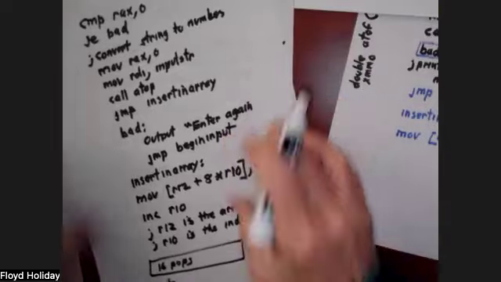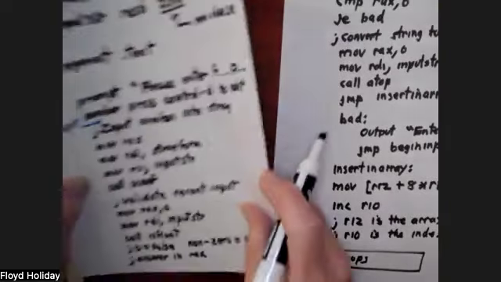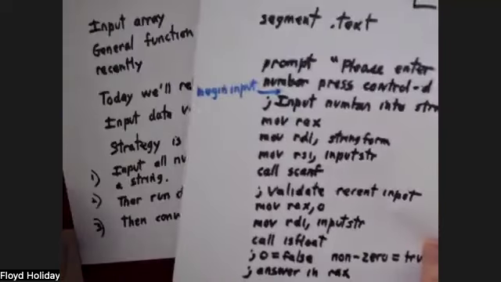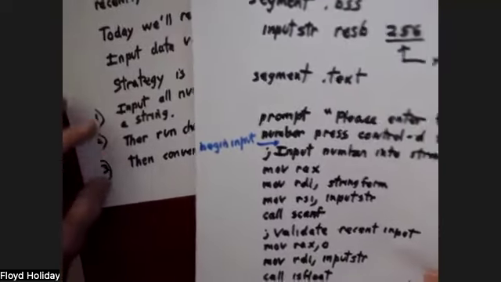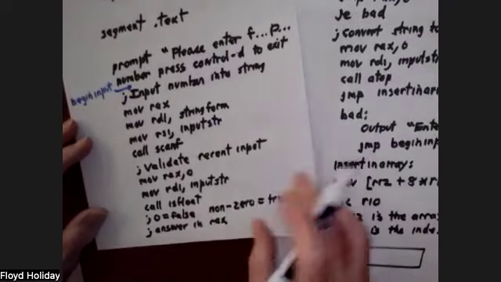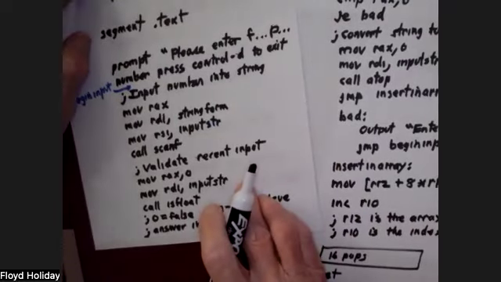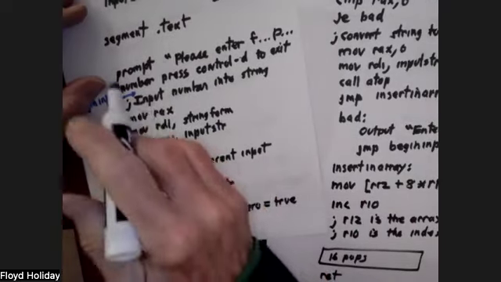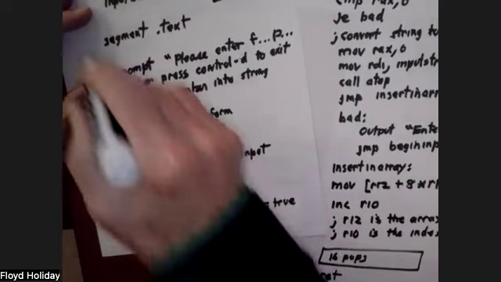I think this is it. Let's back it up. We're going to start earlier than that. Here's the strategy. Okay. Here there's some declarations up above, like external ATOF.